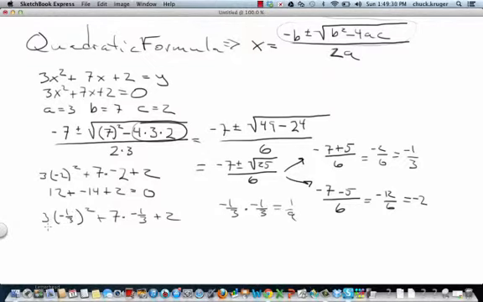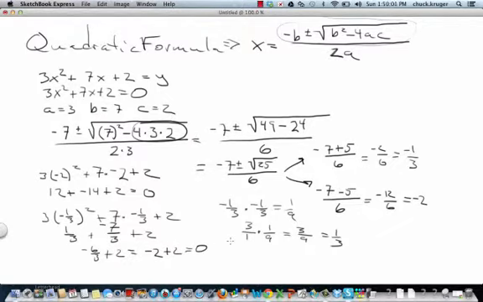So I have 3 times 1 over 9, and 3 over 1 times 1 over 9 is 3/9, which is 1/3. So this is 1/3. This is negative 7/3 plus 2. 1/3 plus a negative 7/3 is a negative 6/3 plus 2. Negative 6/3 is a negative 2 plus 2, and lo and behold, I get 0. So that is my answer.